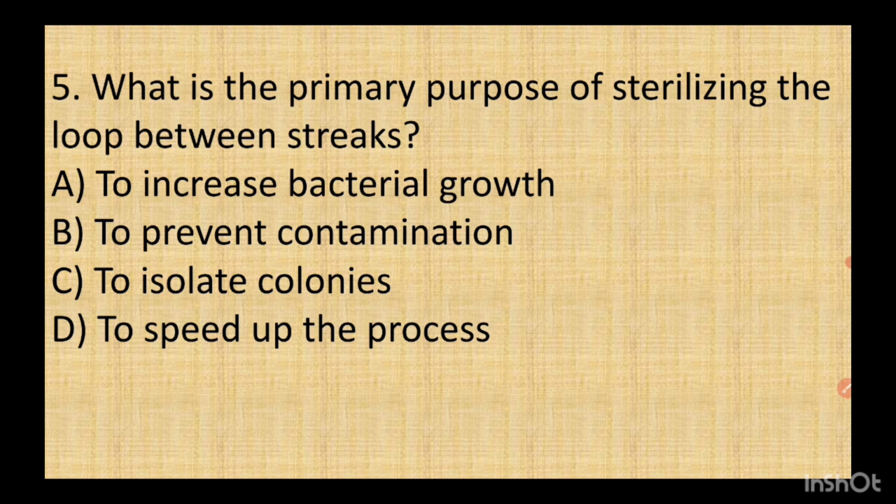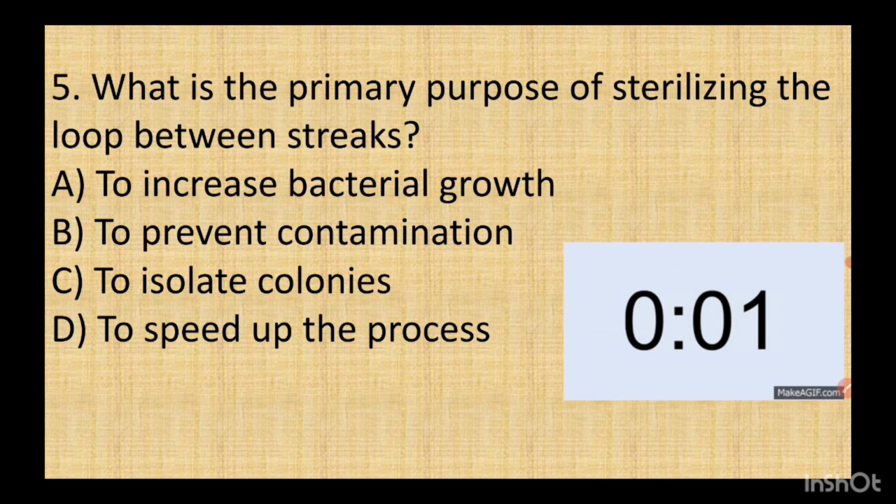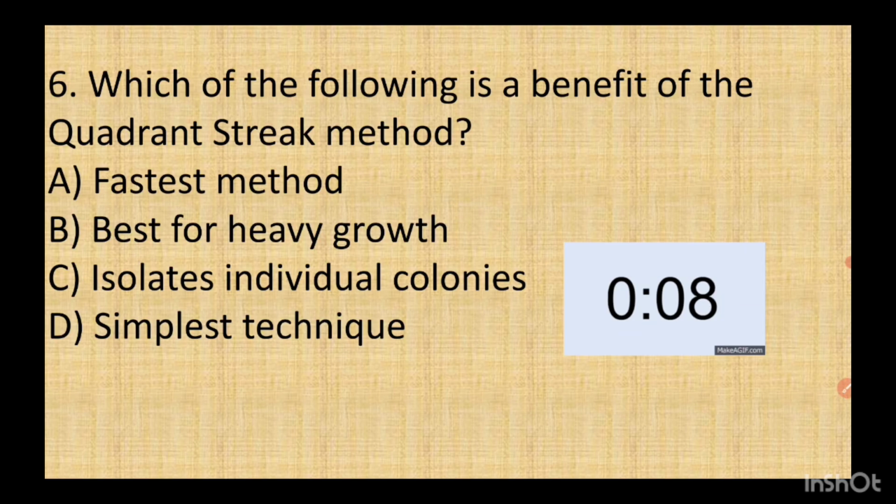What is the primary purpose of sterilizing the loop between the streaks? To prevent contamination. Which of the following is a benefit of the quadrant streak method? Isolate individual colonies.